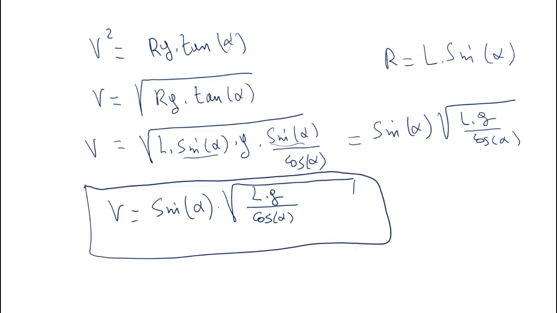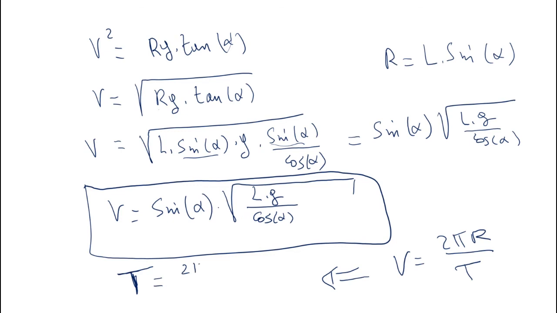To find the period, we know by definition the speed is 2 pi r over T. So we can find the T, which is the period, the time it takes the object to make one complete circle or one revolution.